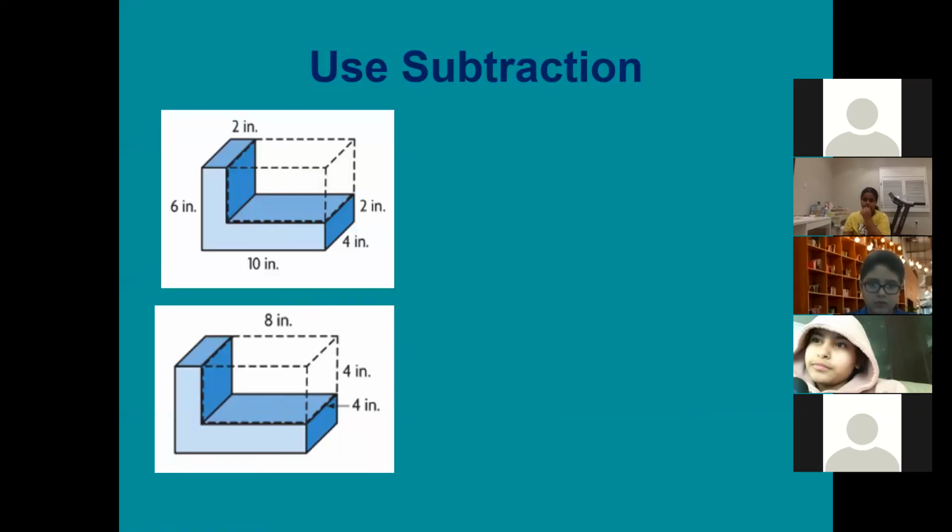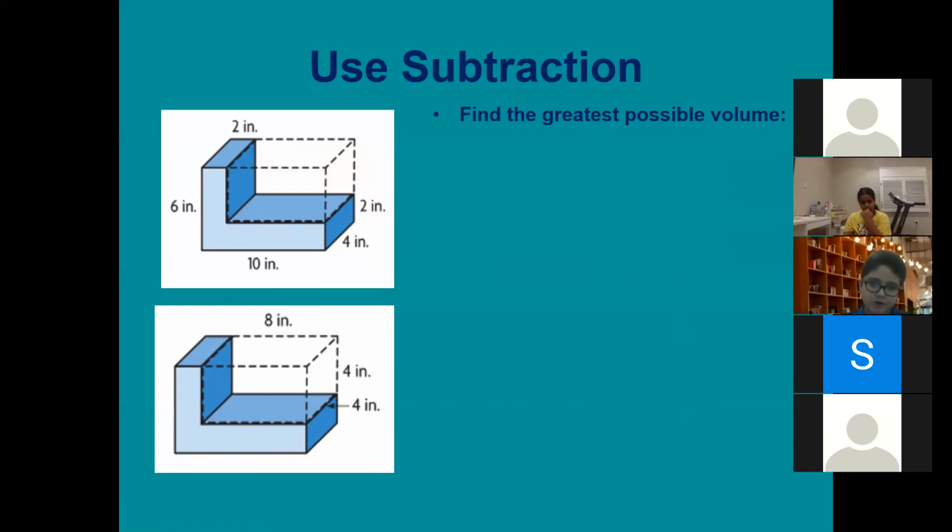See, the first one, find the greatest possible volume. What is the greatest possible volume? What is the length? 10. Width is? What is the width, Yusuf? 4, right? 10 is length, 4 is width, 6 is height.